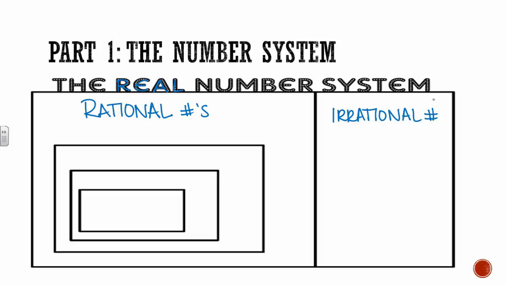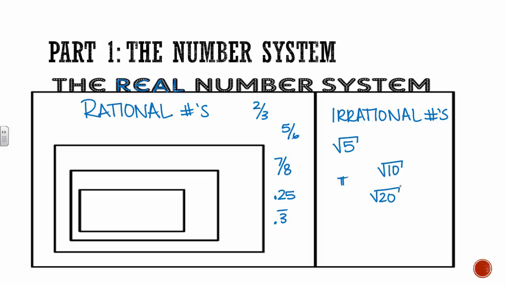And remember, the rational ones can be written as a fraction, so 2/3, 5/6, 7/8. We can also have a decimal like 0.25 or 0.3 repeating forever and ever. And irrational are things like square root of 5 or pi or square root of 10 or square root of 20, things like that.